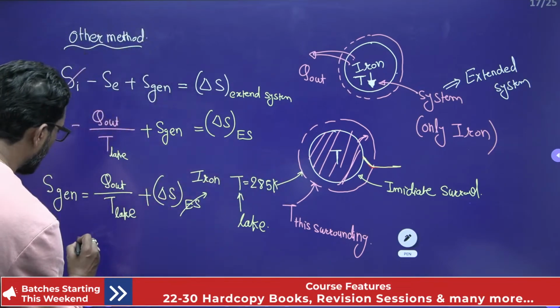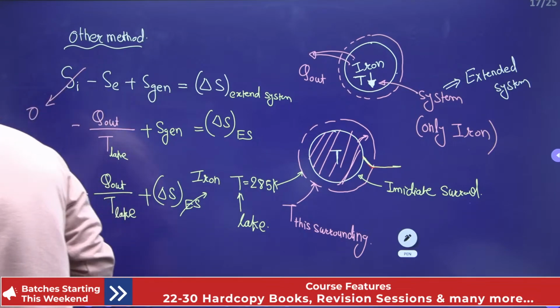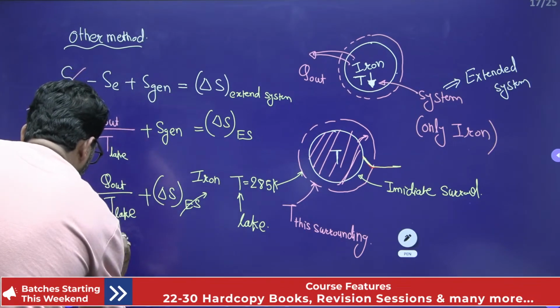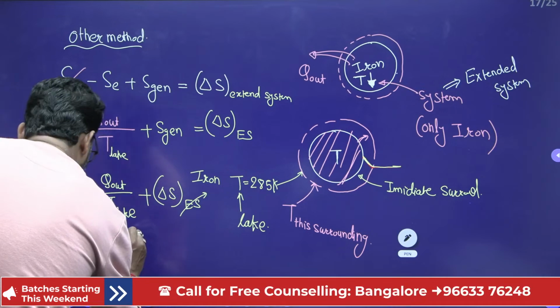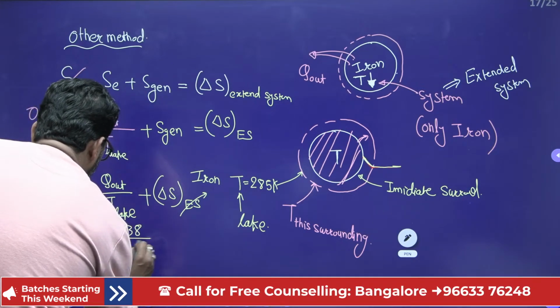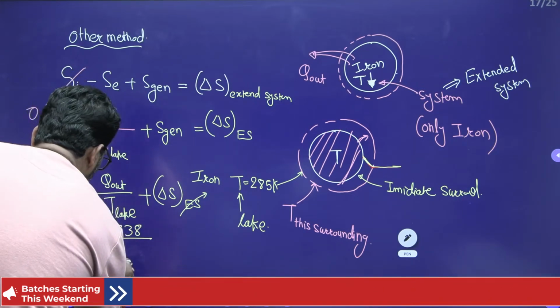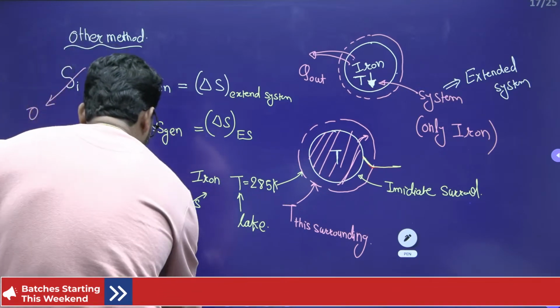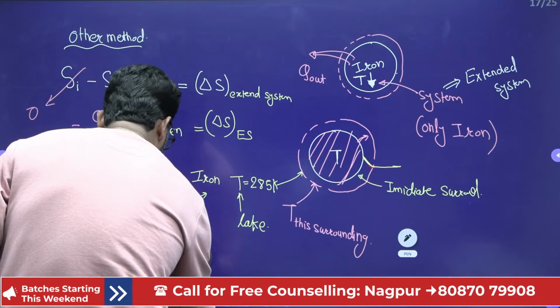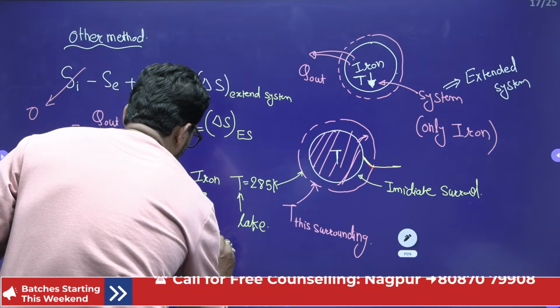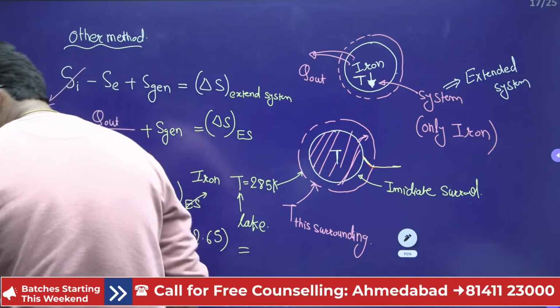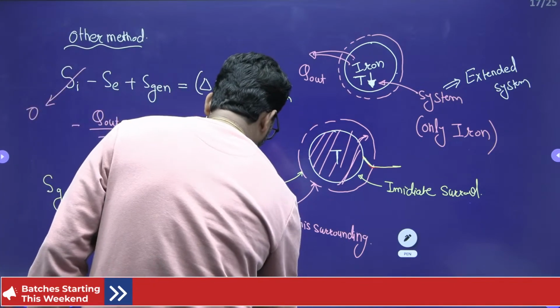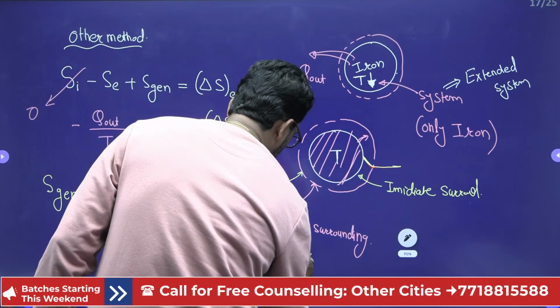So Q out is 4838. The temperature of the lake is 285, plus the change in the system's entropy, minus 12.65. If you calculate this, you get the same answer, 4.32 kilojoule per Kelvin.